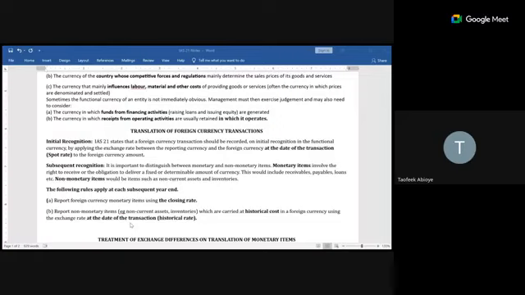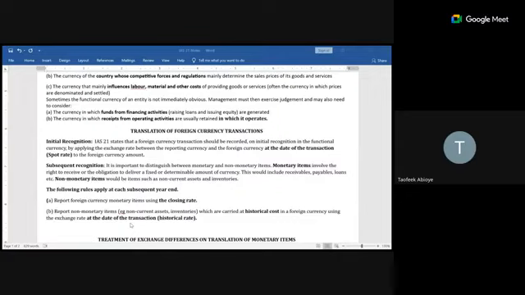I want to buy a machine tomorrow, then another machine next week, so I cannot use the exchange rate for tomorrow for next week. Whenever I want to buy that machine, it is the date of that transaction that I will use for my exchange rate. So that is initial recognition.